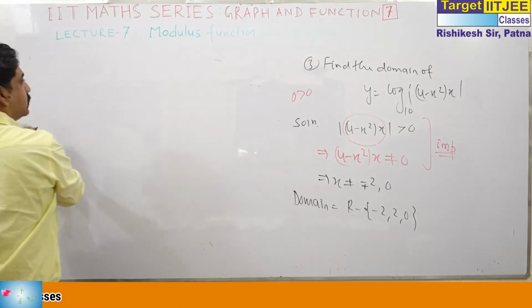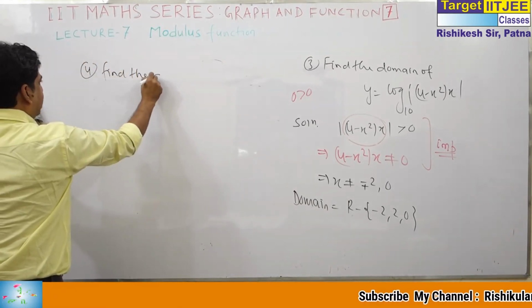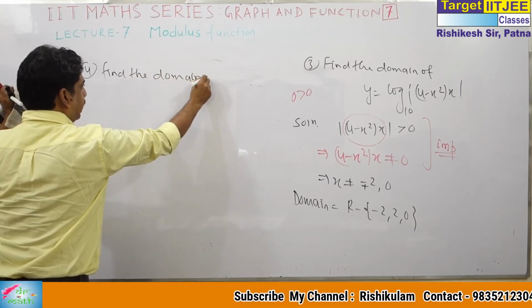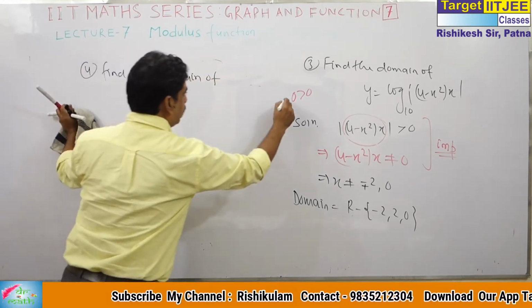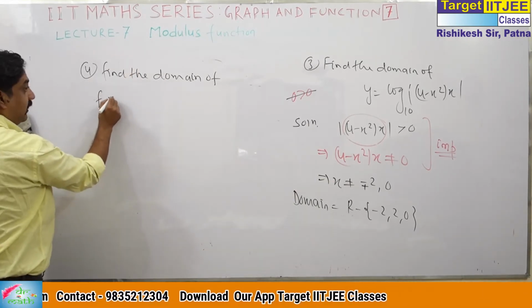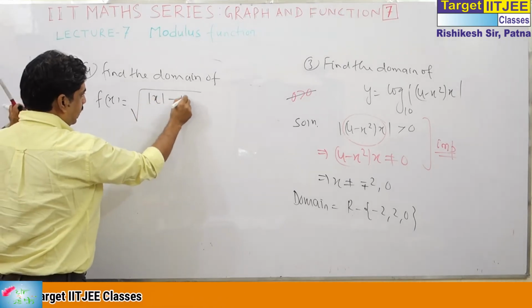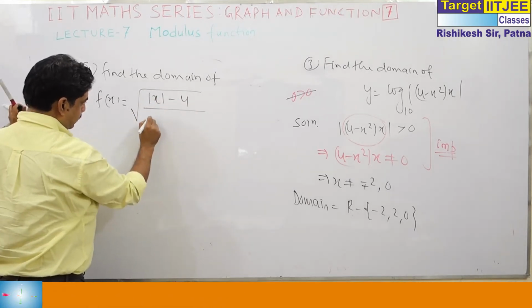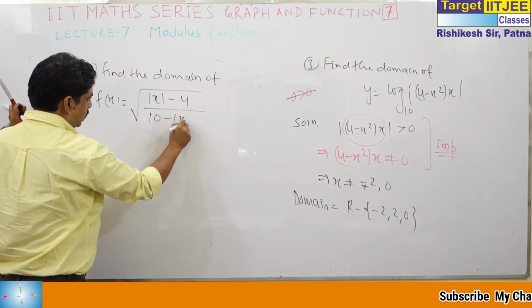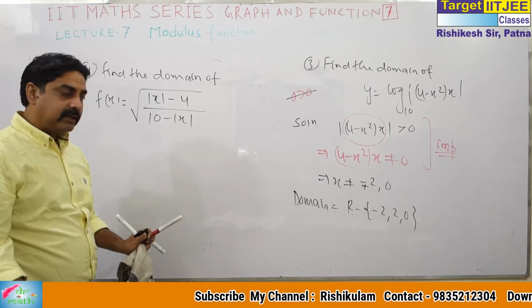Suppose we take one more question. The question is: find the domain of f(x) is equal to root over (mod x minus 4) upon (10 minus mod x). Suppose this is the question. How to deal with this question?